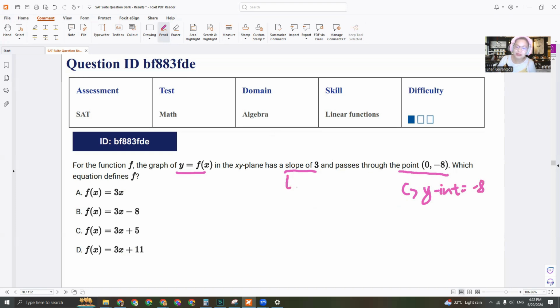And then we also know that the slope is equal to 3. So which equation is best for this? Yes, it's the slope-intercept form from its name, because we already have all the values, and we have 3x minus 8. It's minus because the y-intercept is negative. And that makes B the correct answer.